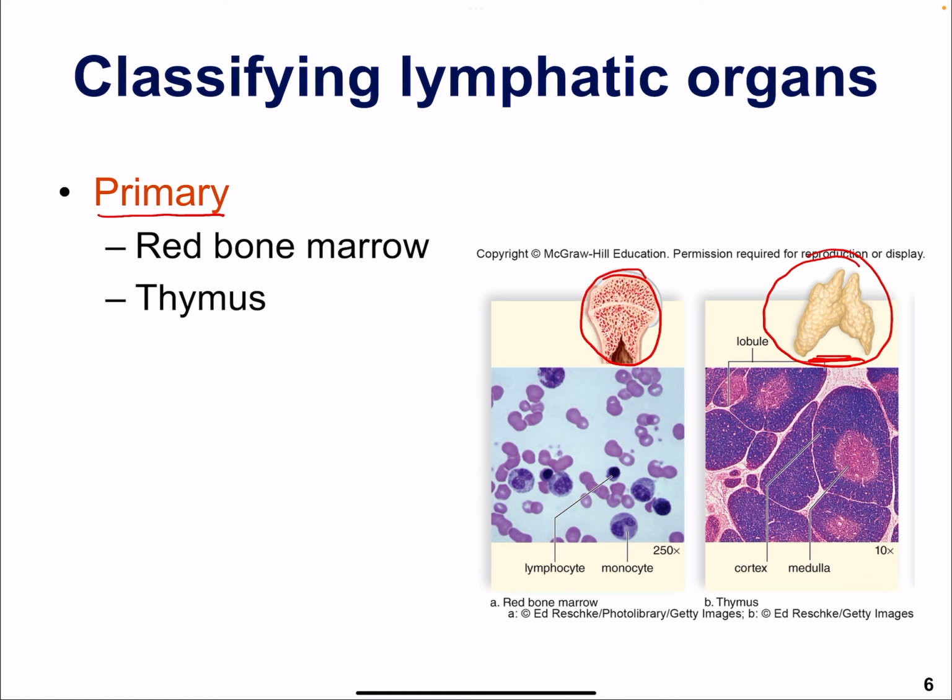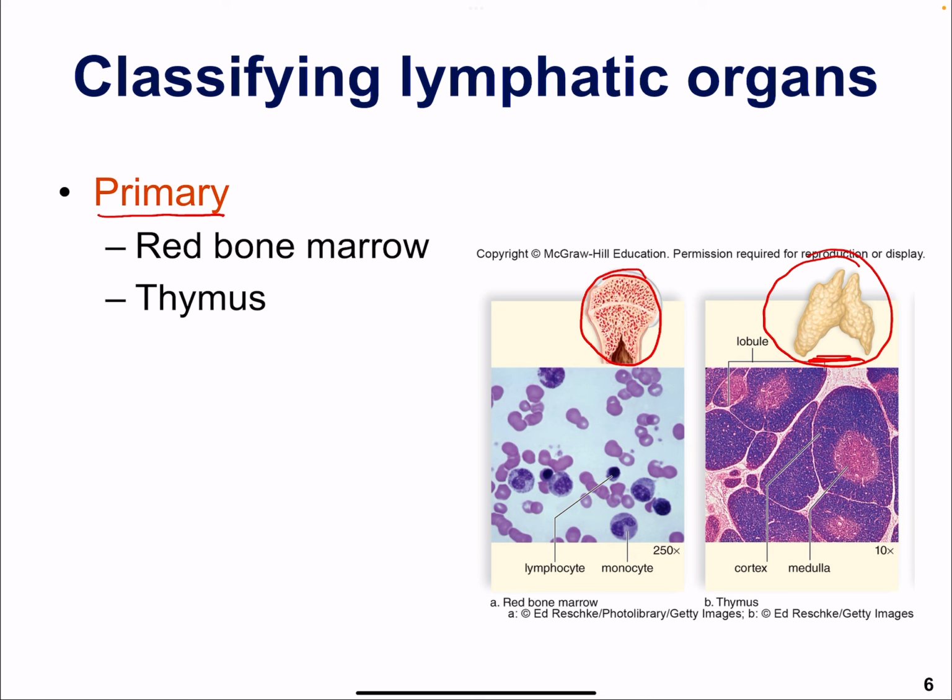Now, I have to say that in young individuals, you have a huge amount of red bone marrow and a rather large thymus in proportion to the body, obviously. This is in comparison to elderly people.